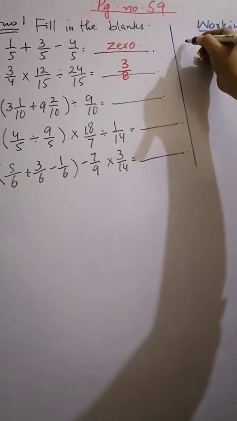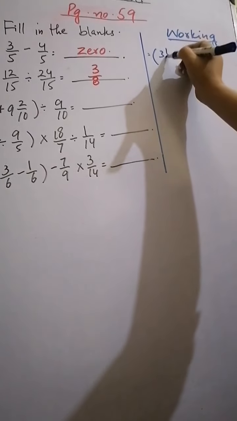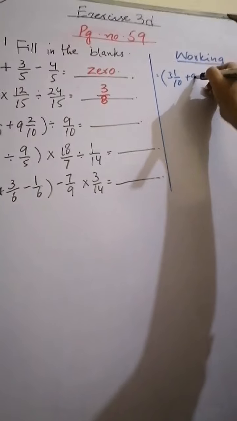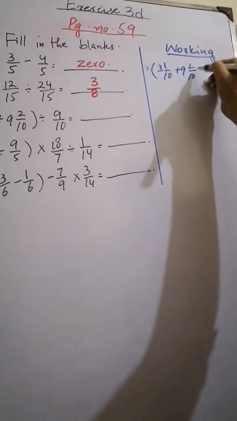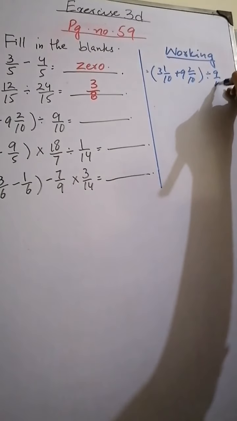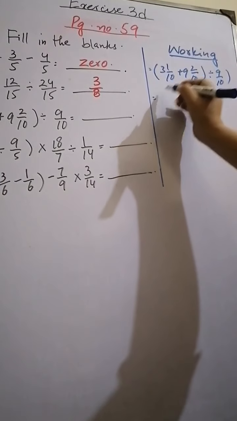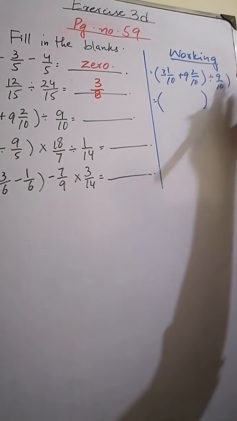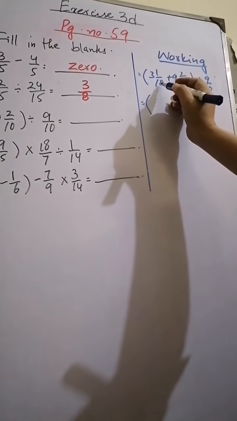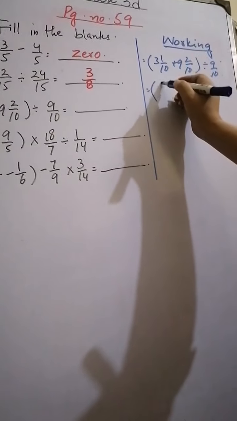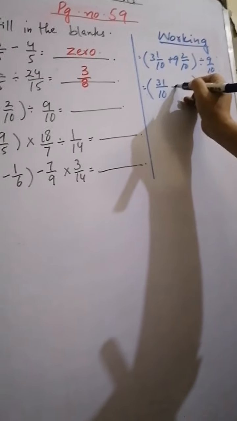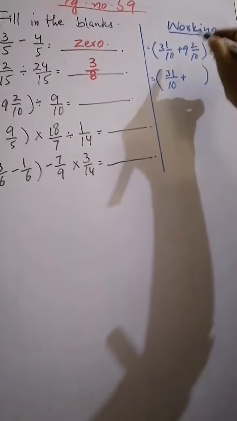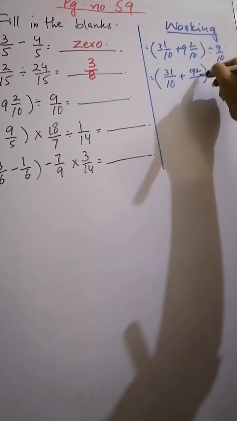It's a mixed fraction. You can see it's 3 whole 1 by 10 plus 9 whole 2 by 10 divided by 9 by 10, right? First of all, you will have to solve your bracket. So 10 3s are 30, 30 plus 1 is 31 by 10 plus 10 9s are 90, 90 plus 2 is 92 by 10.